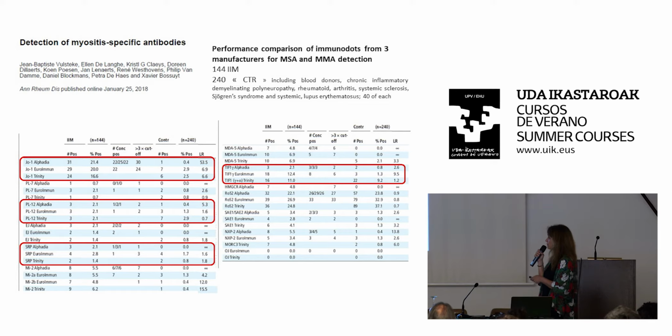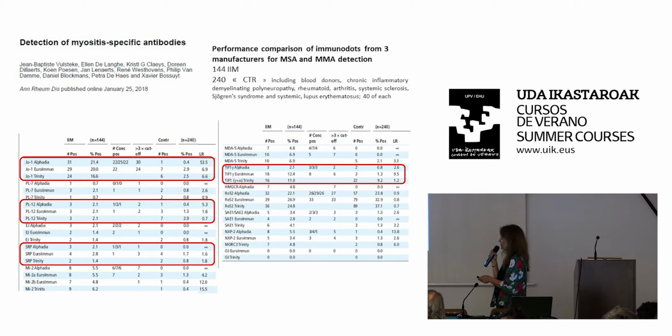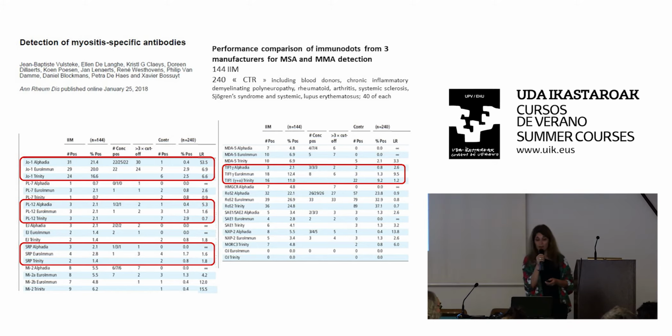You see a strong discrepancy between manufacturers. For Jo1, for example, this test is very accurate from AlphaDia, but those 2 other tests are not accurate because the likelihood ratios are really poor compared with this one. Those tests detect a lot of positive patients that have no myositis at the time of diagnosis.